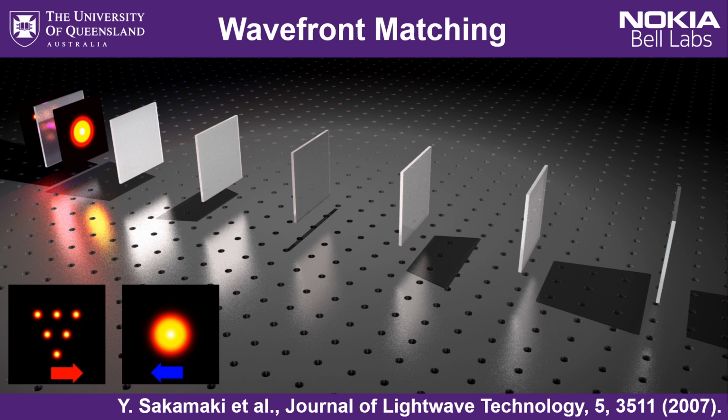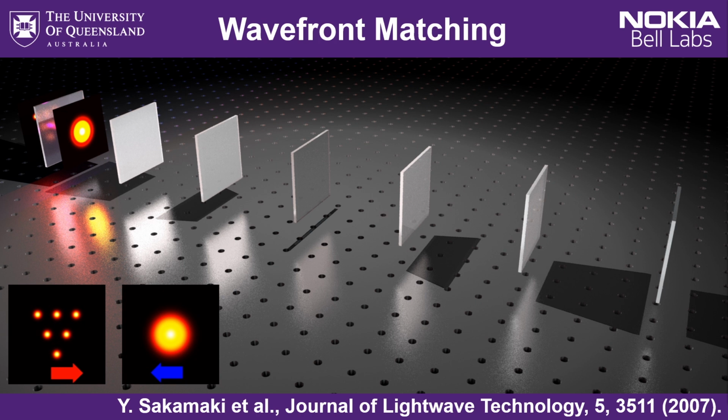Now remember, in order for it to be a lossless transformation, we need the fields coming from the left and the fields coming from the right to be the same everywhere in space. We need that overlap between the forward and backward modes to be 100%. They're exactly the same. The coupling between the two is 100% perfect. And we're going to attempt to achieve that using the phase planes. Whatever the phase discrepancy is between the forward and backward modes, we're going to try to fix that with the phase masks.